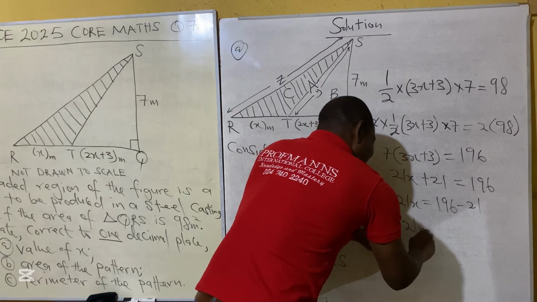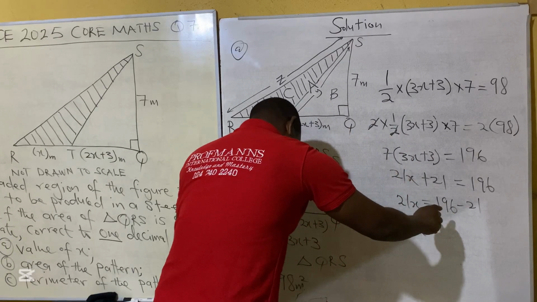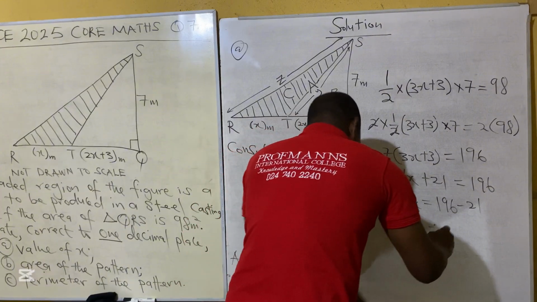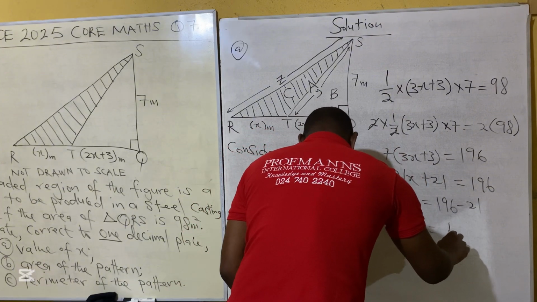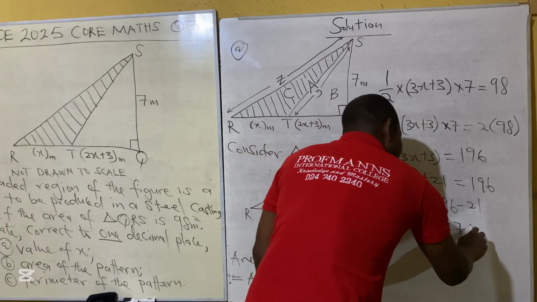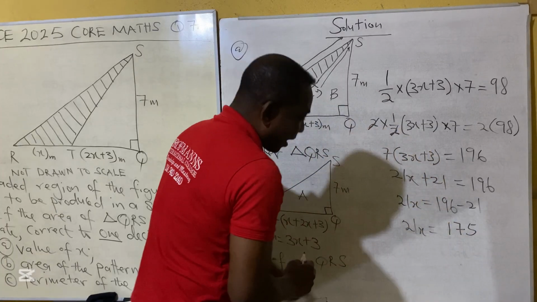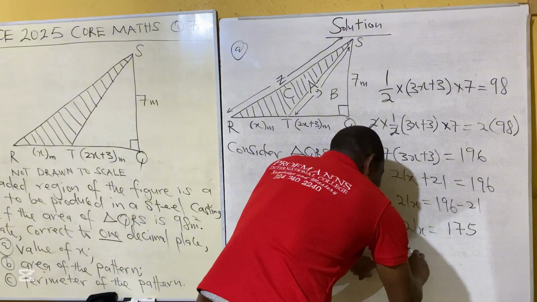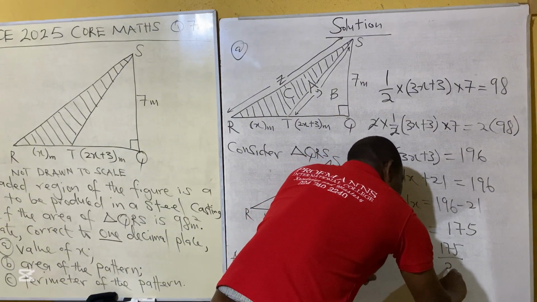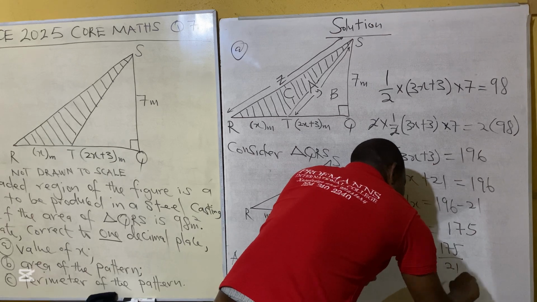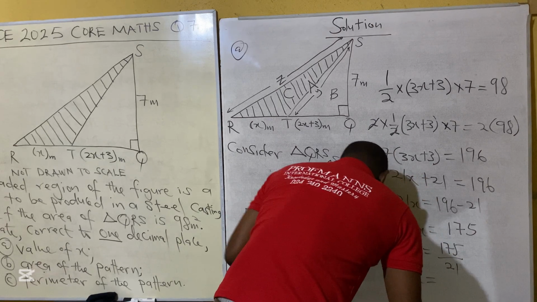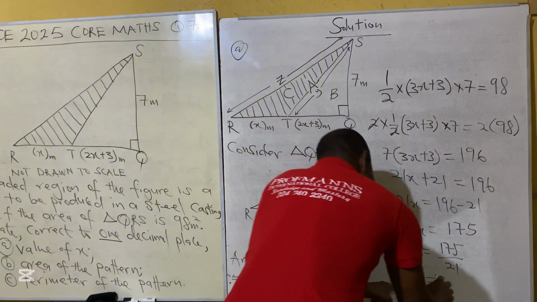So 21x is equal to, when we subtract, 175. So we divide both sides by 21. So x is equal to 175 over 21.